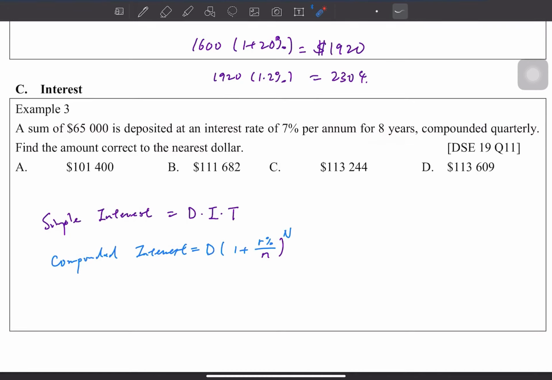If we need to calculate 4 times per year, in total 8 years, which is equal to 8 times 4, 32. So if you want to find the answer, easy: 65000 times 1 plus 7% over 4 to the power of 32. Then you can find the answer.